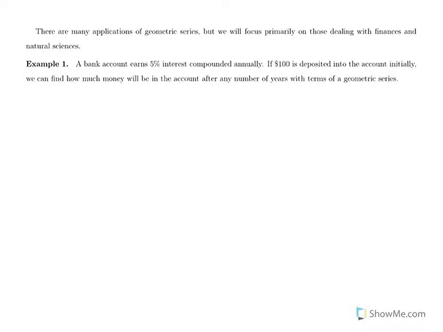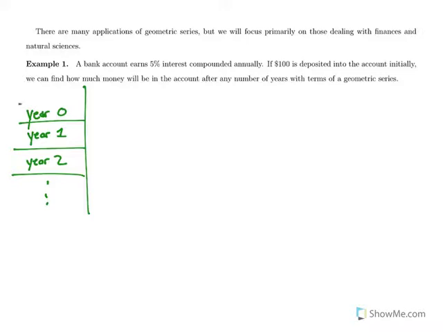So when we deposit $100, we're going to think about what happens to this money in year 0, year 1, year 2, and on and on. So in year 0, we initially have $100 that we deposit into the account. But after 1 year, we gain interest on that account.